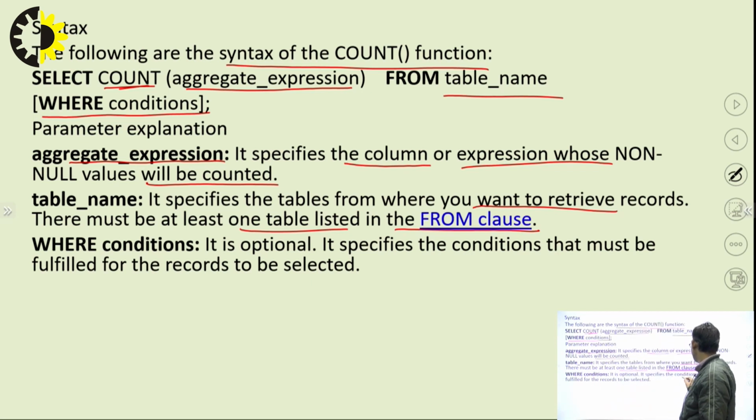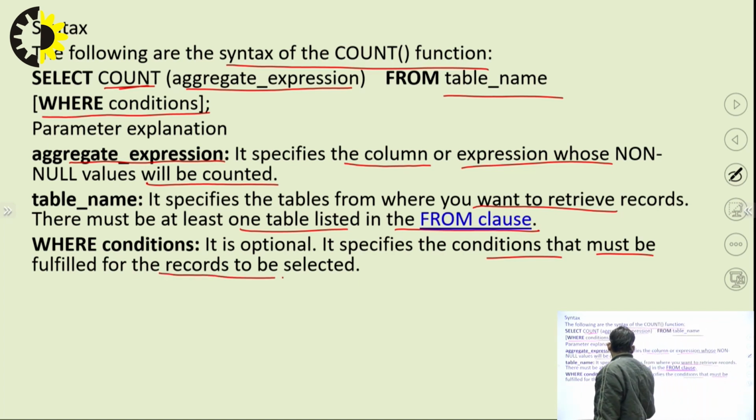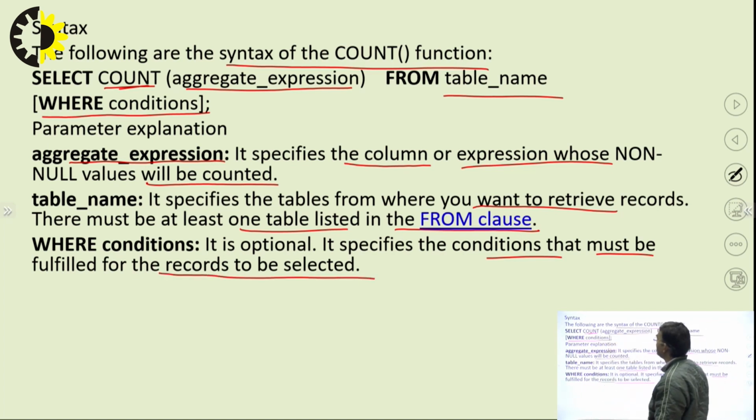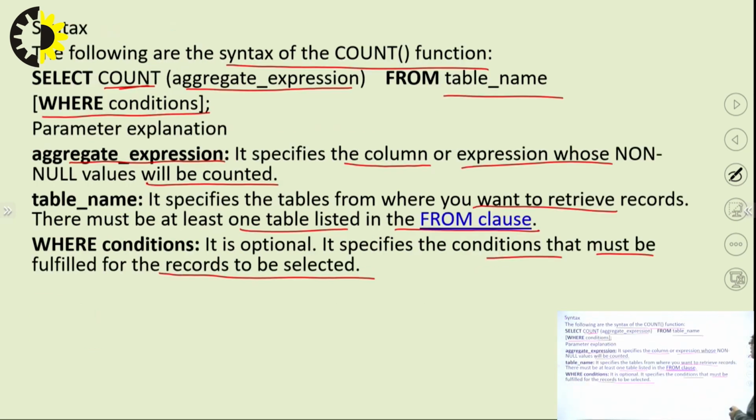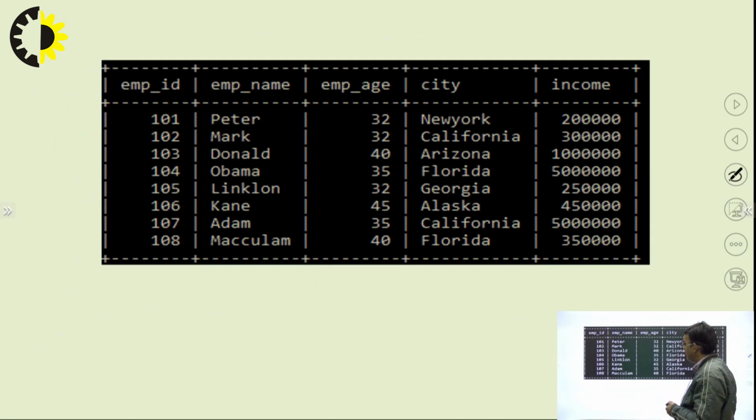It specifies the conditions that must be fulfilled for the records to be selected. That is about the syntax. Now we have to understand all this with the help of some examples.